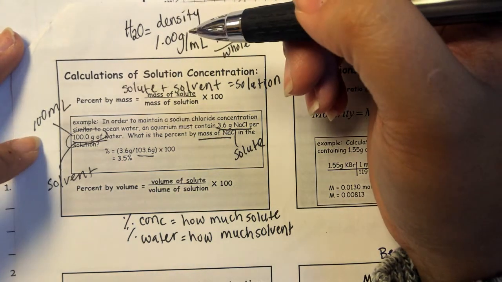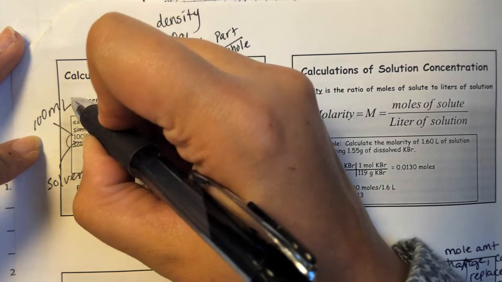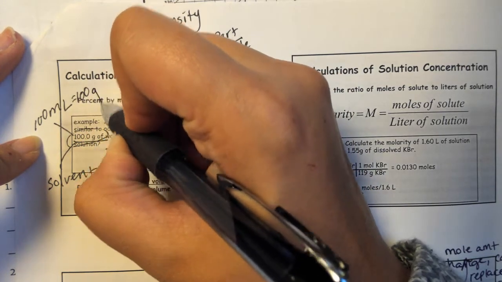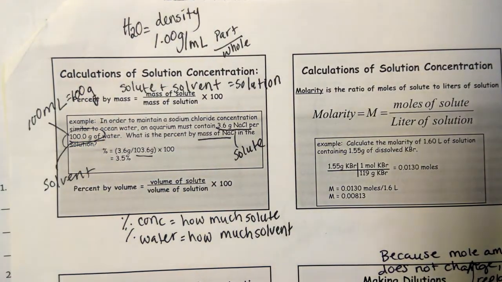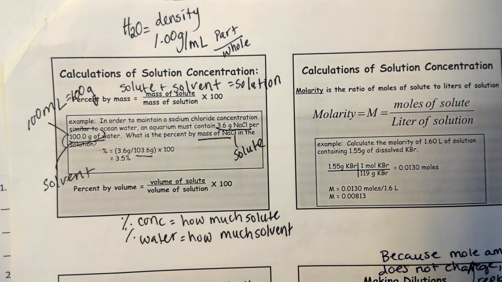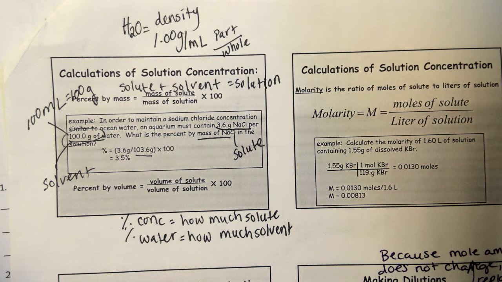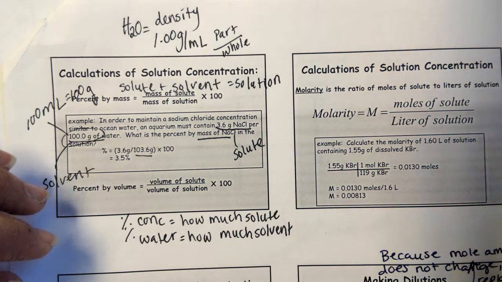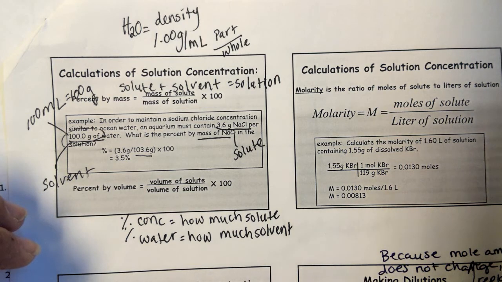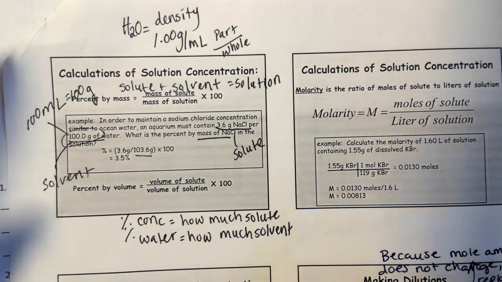If I have 100 milliliters of water, it's actually 100 grams of water. When water is given to you in milliliters, you can change it to grams if your solute is measured in grams, or if it's given to you in grams and you need milliliters, you can switch it back to milliliters. I'll show you some examples of that in my next video.